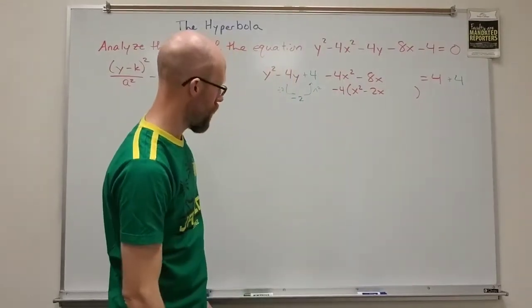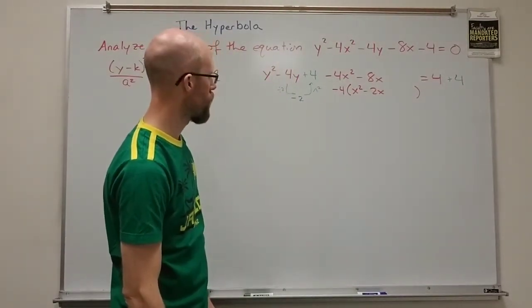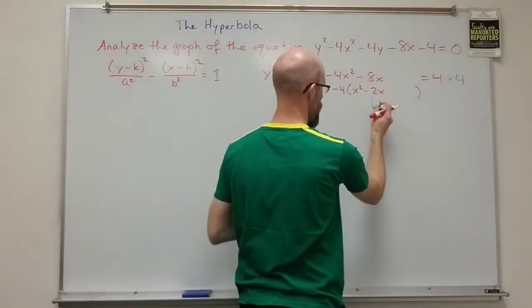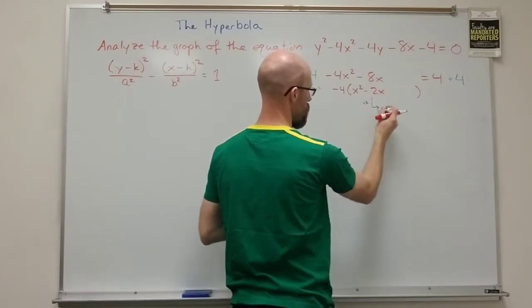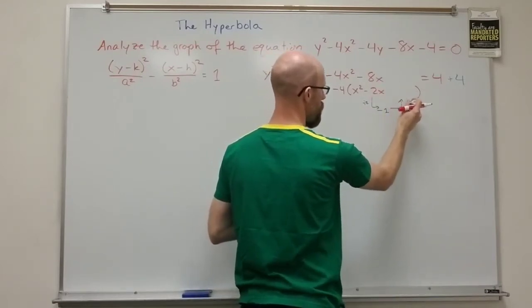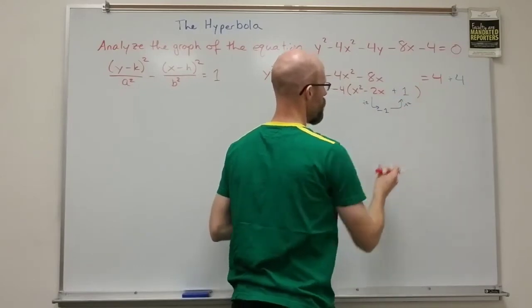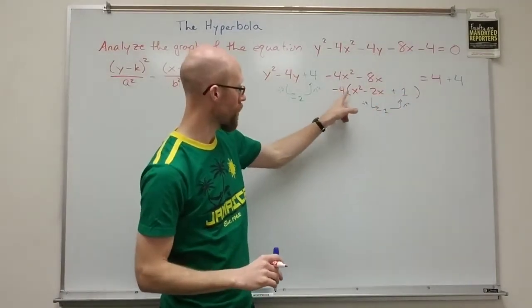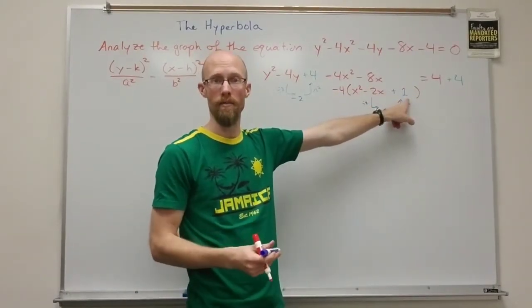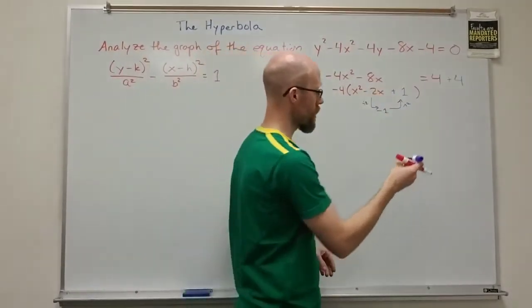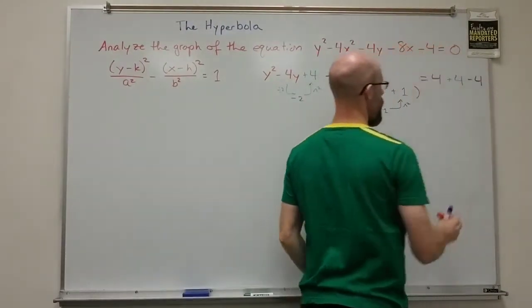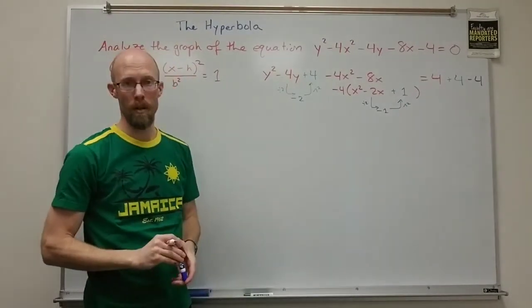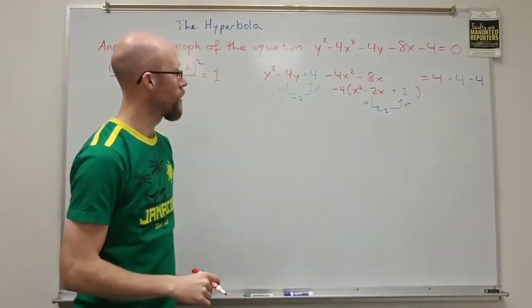Okay, so on this one, I again need to cut this middle term in half, and that gives me a negative 1, and then when I square it, I'm going to get a plus 1. Of course, I'm not actually adding 1 on that side, I'm adding negative 4 times 1, which is negative 4. So if I add a negative 4 on that side, I better do the same to the other side to balance things out, okay? So that's how I would complete the square on that equation.